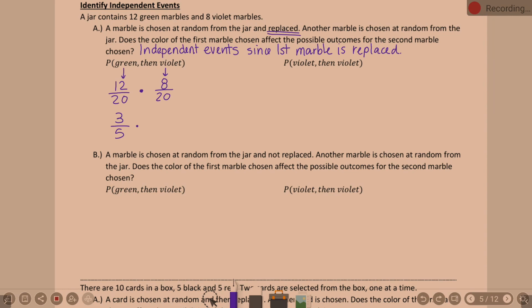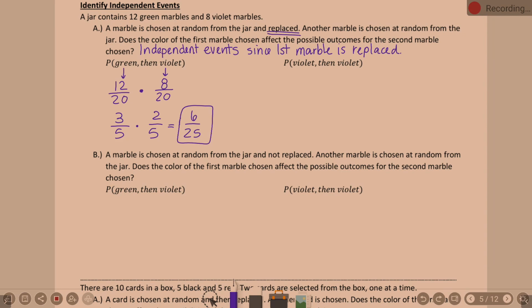What is 8/20ths reduced to? 2/5. And in order to multiply fractions, you're just going to multiply across. 3/5 times 2/5 is 6/25. Not too bad. So we're starting with some of the basics.